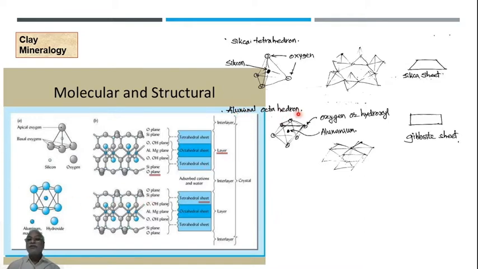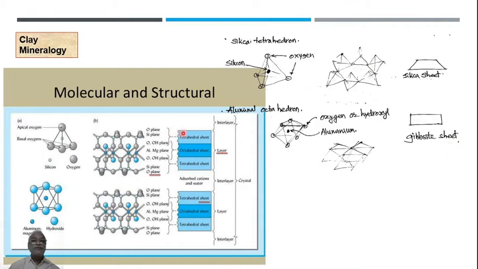Alumina octahedron, right? This particular shape, of course, is a parallelogram kind of thing, but it is represented as a rectangular sheet, which is a gibbsite sheet. It is called a silica sheet, and then there is an alumina octahedron sheet which is called a gibbsite sheet.